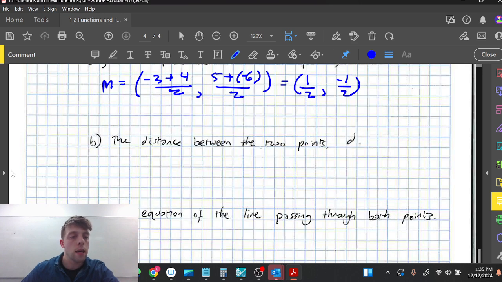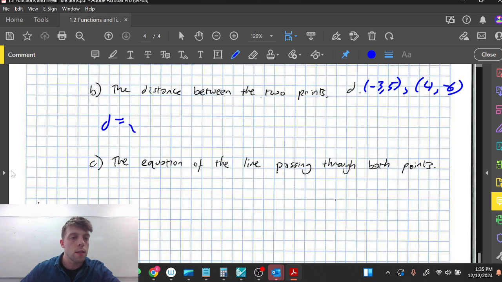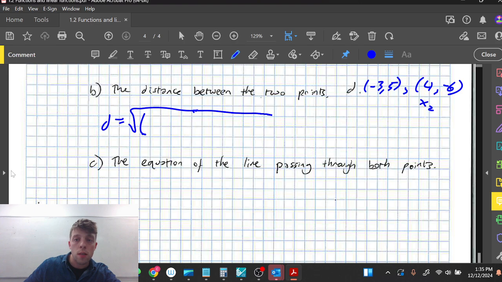All right, now let's try the distance between these 2 points. I'll just write them down here so I can see them on the screen. We have -3, 5, and we have 4, -6. So all we need to do here is substitute those values into this formula. So we have the Pythagorean identity. Be careful that you're looking at the same two types of values. So this is x2, this is y2, this is x1, this is y1. Doesn't matter which one we call 1 or 2, so long as you're consistent.